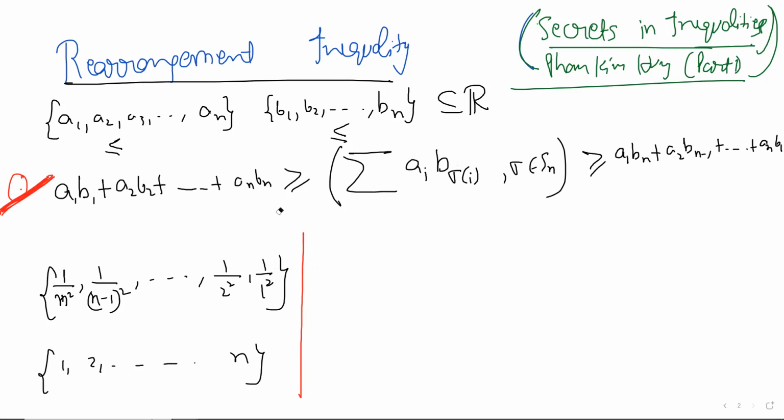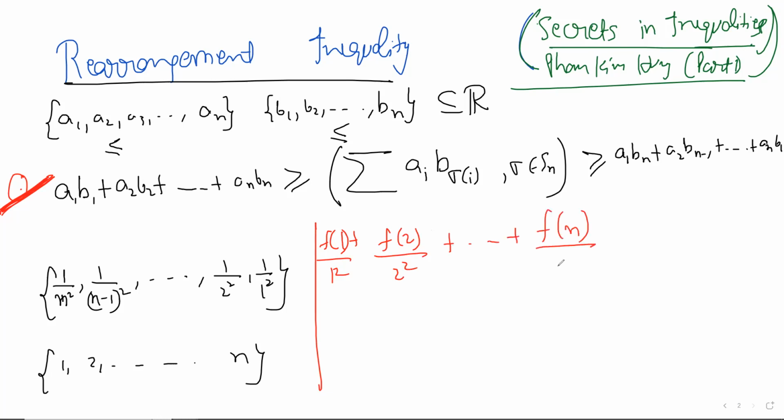If you have the infinite case, then let me write it more explicitly. So it is like f1 by 1 square, f2 by 2 square, fn by n square, let's say.